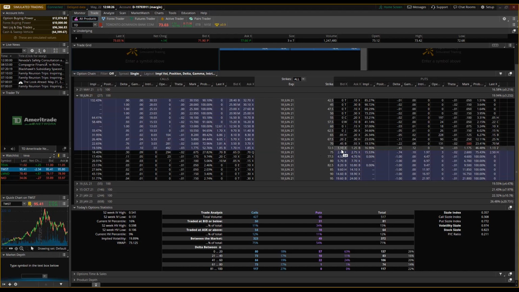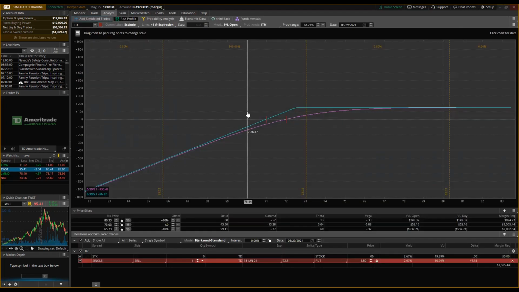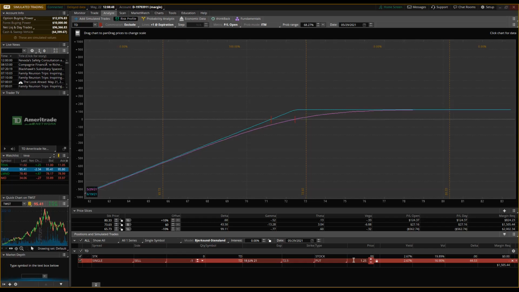You can see here this option has been traded between 1.1 and 1.25. Let's have a demo and see how much we're going to get. Let's say we sold it for $1.25.